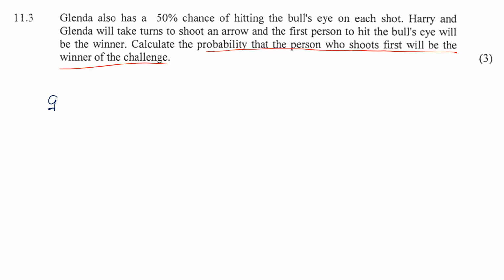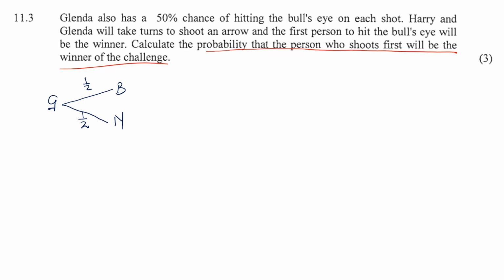If Glenda is shooting first, she has two chances: hitting the bullseye or not hitting it, which is 1/2 and 1/2. So we start with Glenda, and we want the probability that the person who starts will be the winner.